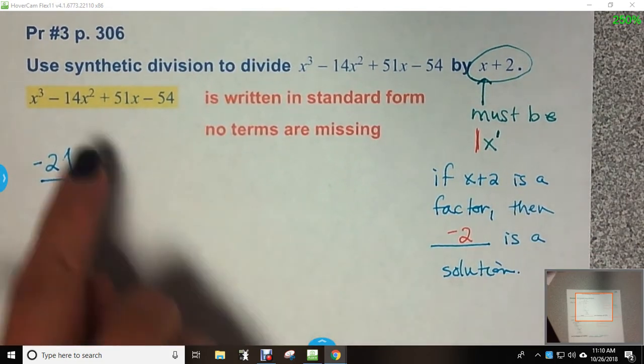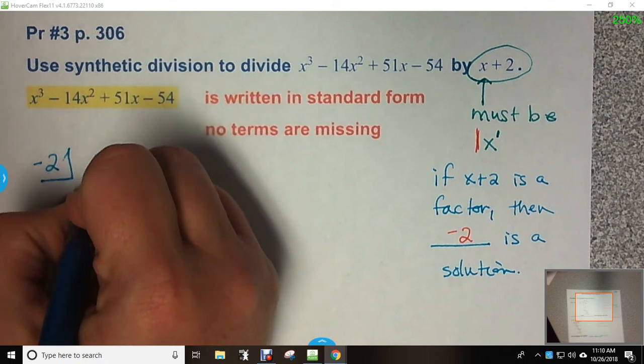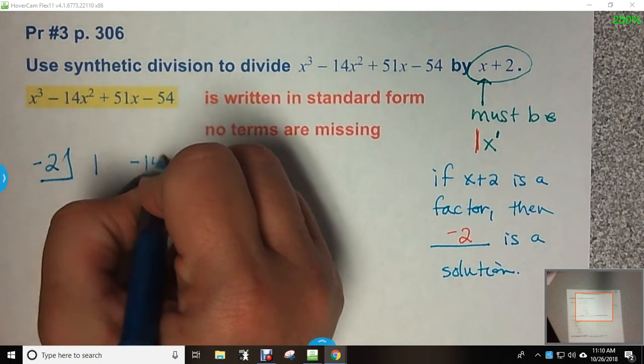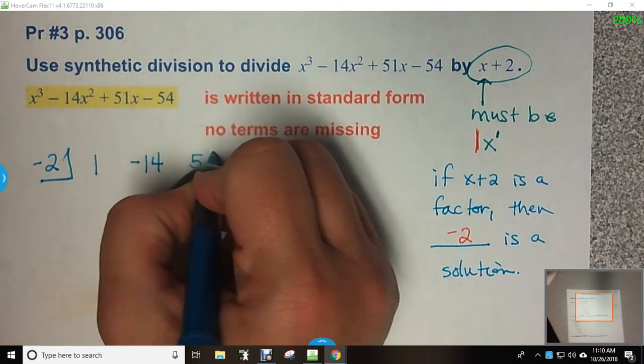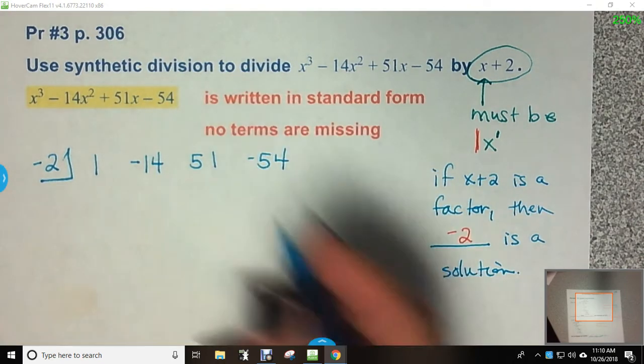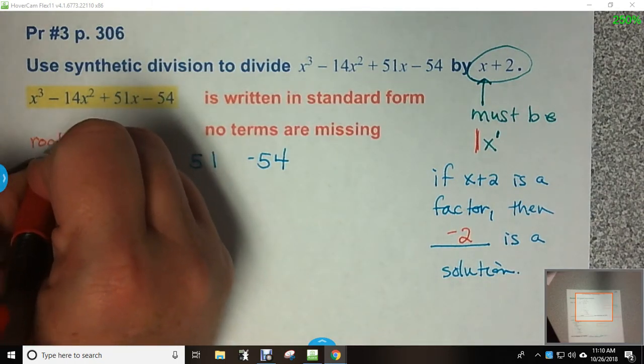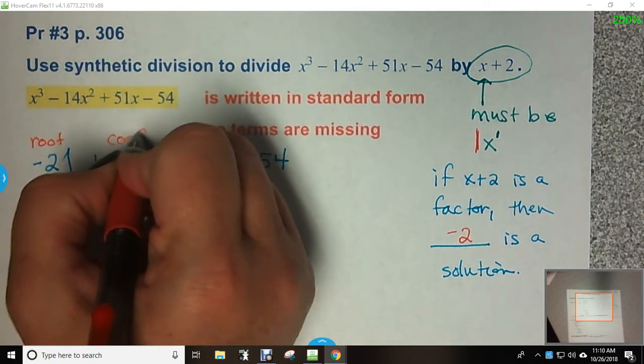Then we're going to take a look at this polynomial and do just the coefficients. So that is a 1, a negative 14, 51, and negative 54. And I spaced those out a little bit. Okay, so this is my root. These are the coefficients.